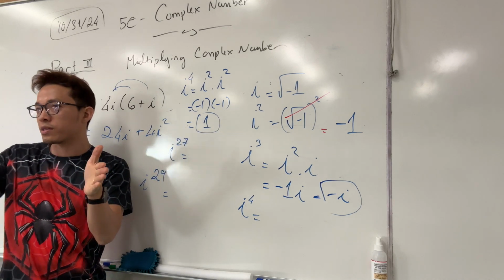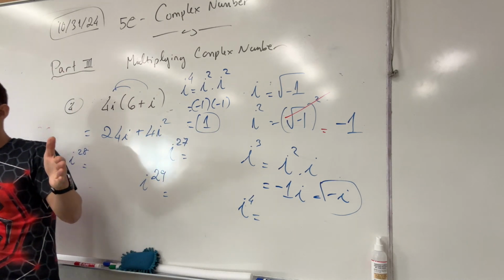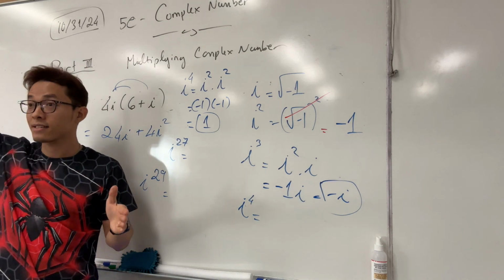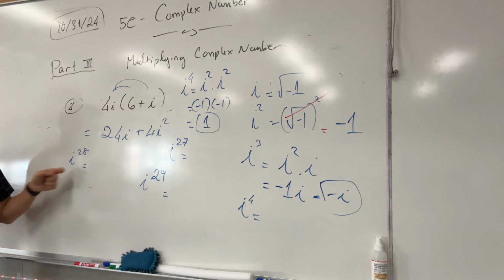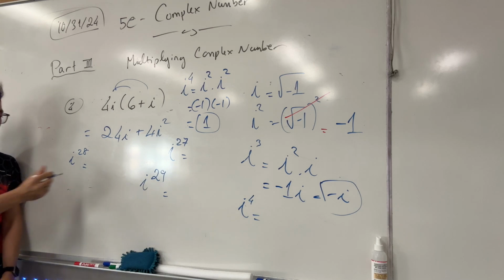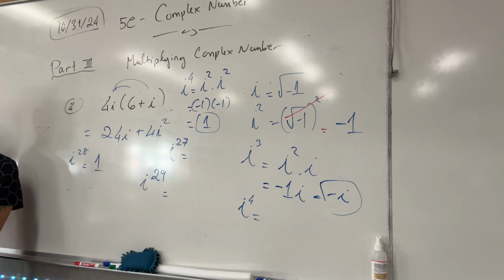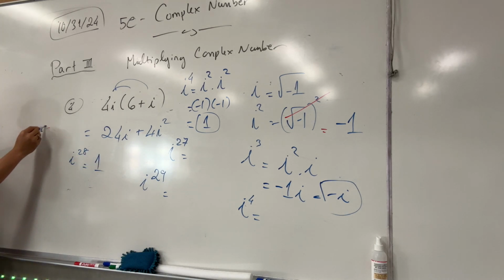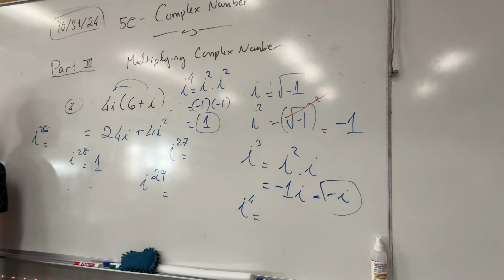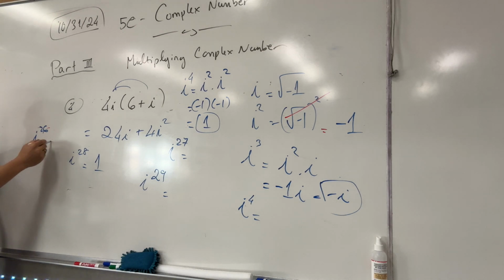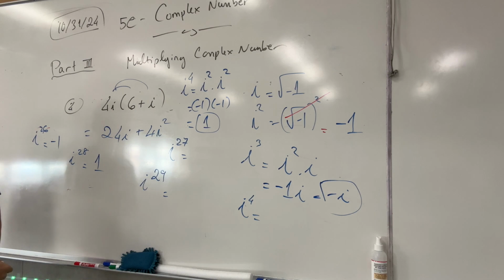Every time the power is a multiple of 4, then it is 1. So i to the 28 is 1. Right? What is i to the 26? -1. Why -1? Because it's not a multiple of 4. So -1. Now what is i to the 27?